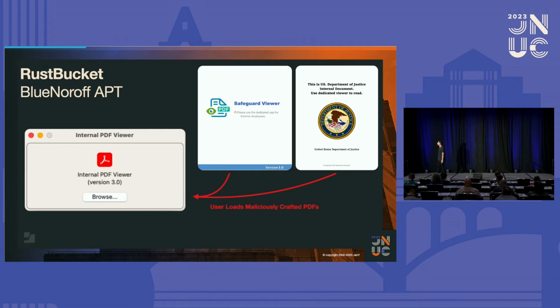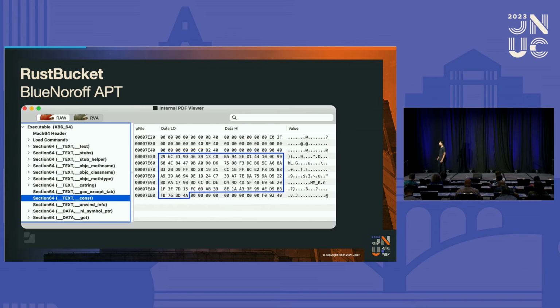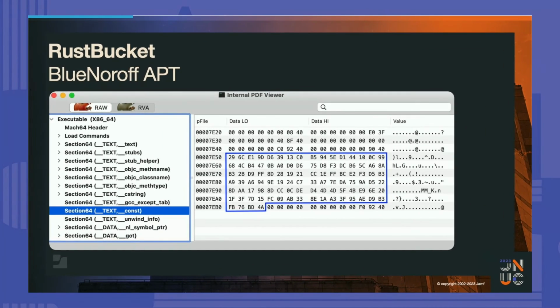And similarly, you have the DOJ PDF that says use a dedicated reader to read its contents. So, pretty interesting. Let's take a look at the second stage in our MacOView application.